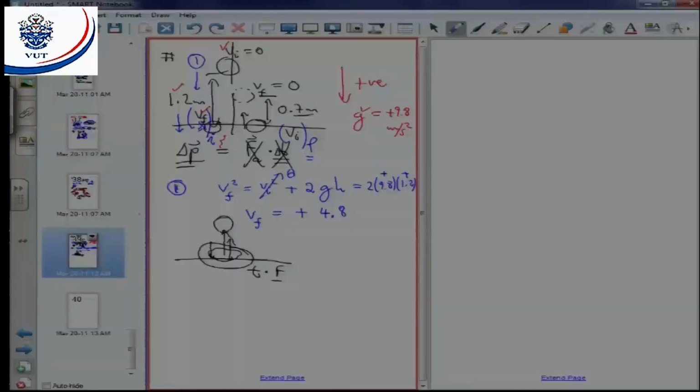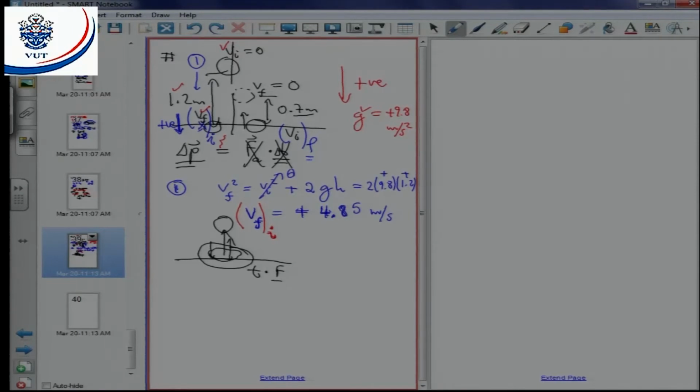I just want to remind you, because Vf for this portion is down, it takes the positive, and Vf here would then be plus 4.85 meters per second. But just a reminder that Vf is actually the initial speed for the change in momentum.